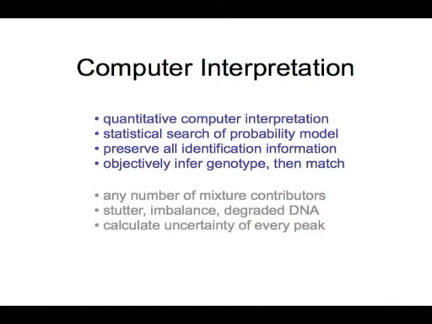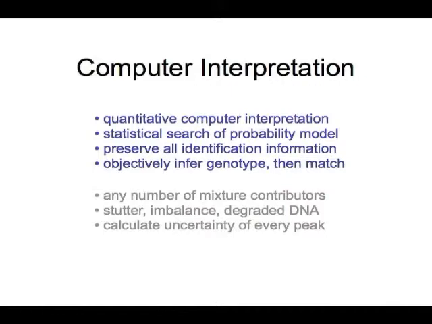And if you infer the genotype objectively without ever seeing a suspect, then it's objective. And then the computer is required to record in a database or in a program what it found, and only afterwards is any match made. So it can't have any examination bias. The systems that we use can use any number of mixture contributors.